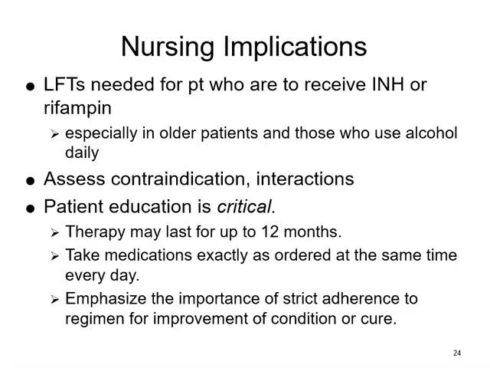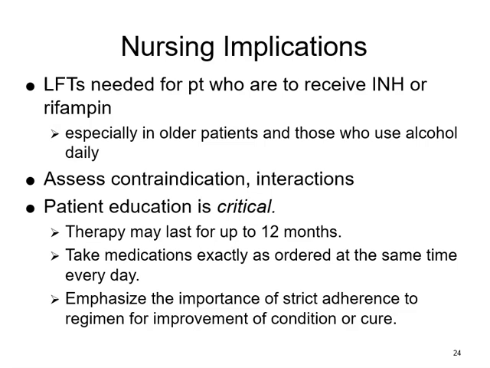Nursing implications. So in general, our patients will need to have their liver function test before receiving INH or rifampin, and especially those who are older, especially if you have anybody who has a history of alcohol use. You have to make sure you're looking at the contraindications and potential interactions.